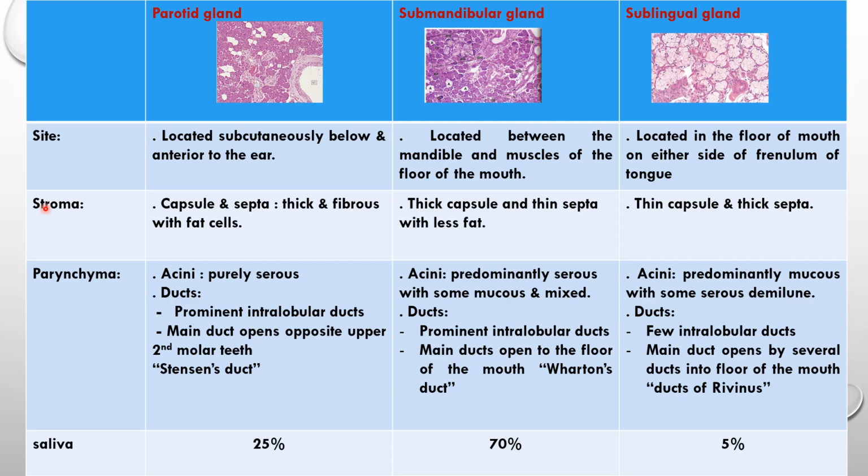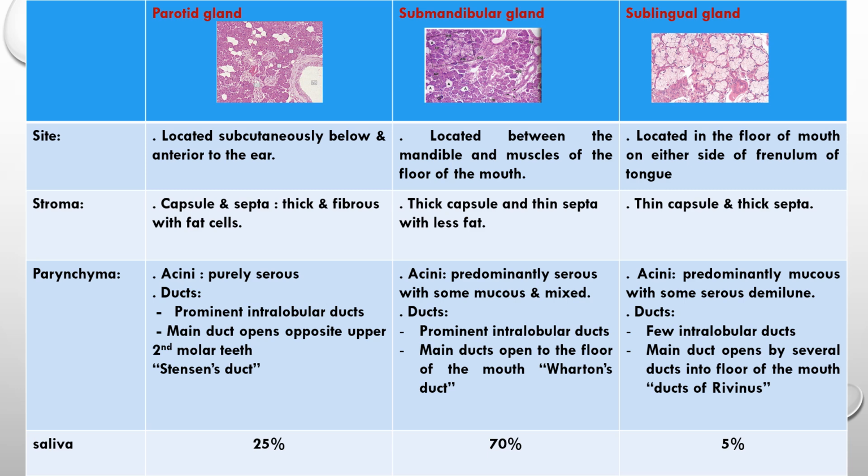Okay, finally, let's summarize and compare between the three types of the major salivary glands: parotid, submandibular, and sublingual gland. Parotid glands, as we mentioned, are located subcutaneously on either side of the face, below and anterior to the ear.